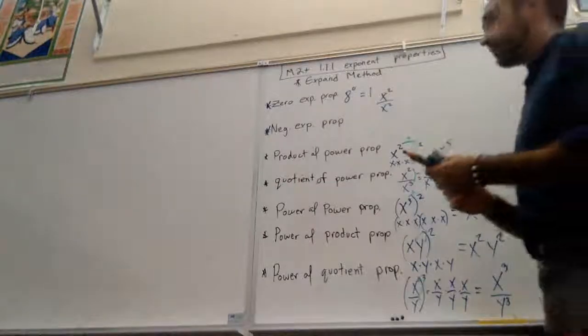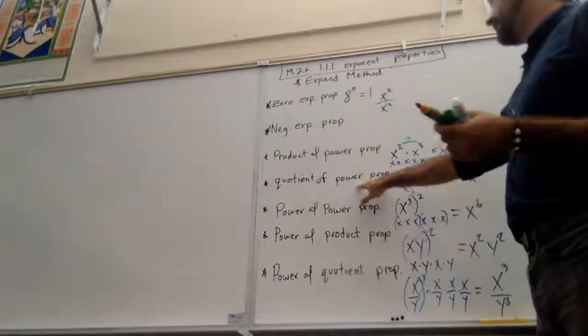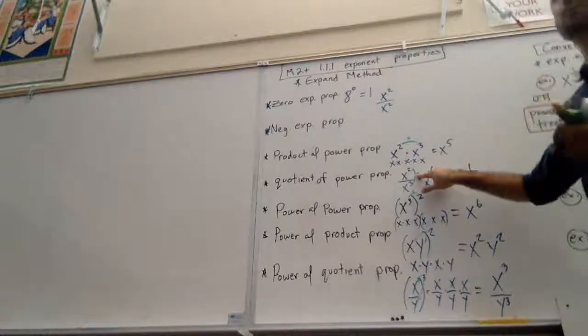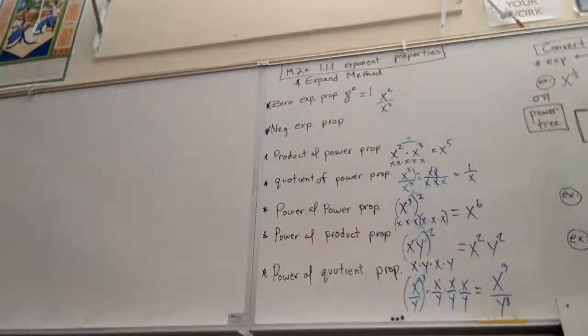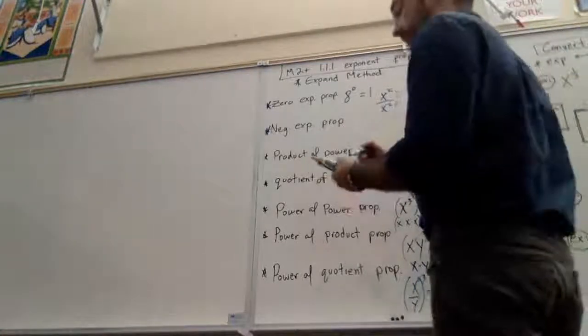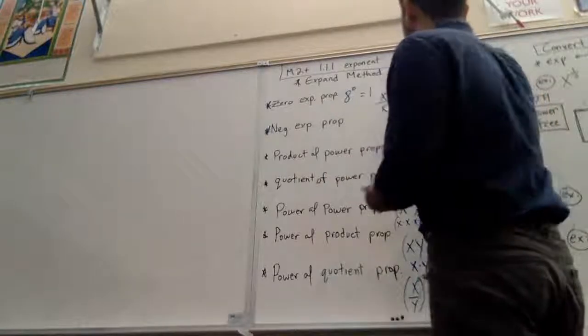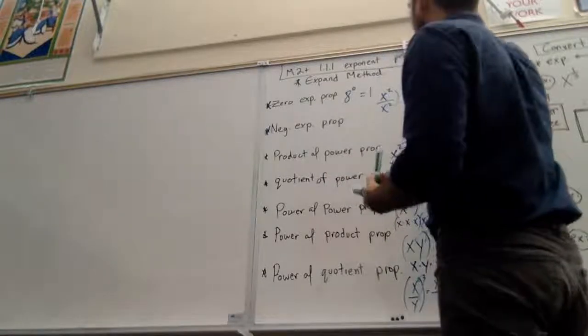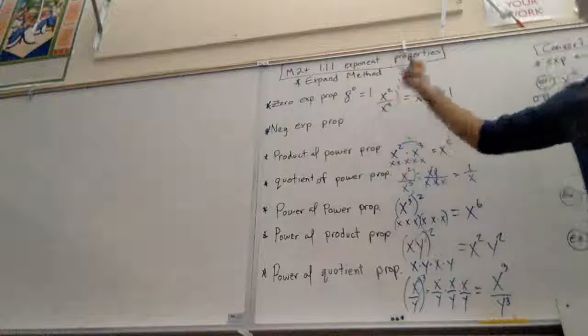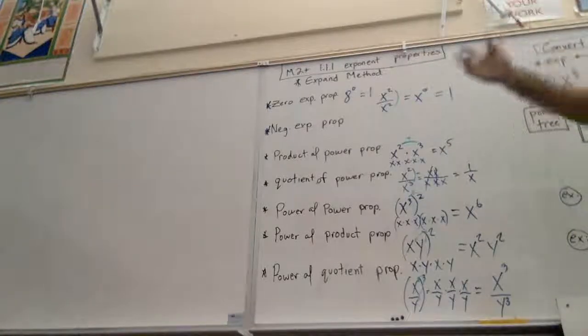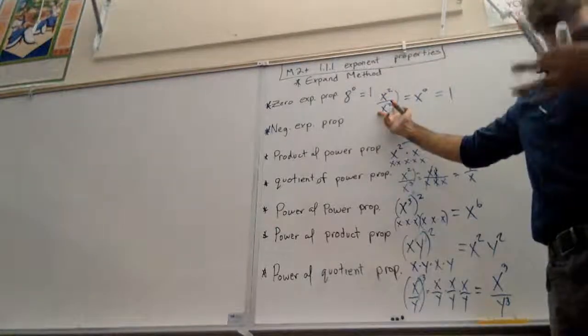But here's the deal. What did we learn about our quotient rule as far as our shortcut? It says, what do we do with those exponents? We subtract them. What is 2 minus 2? Which equals x to the 0, which we know equals 1, because we started with x squared over x squared. We know that's 1.